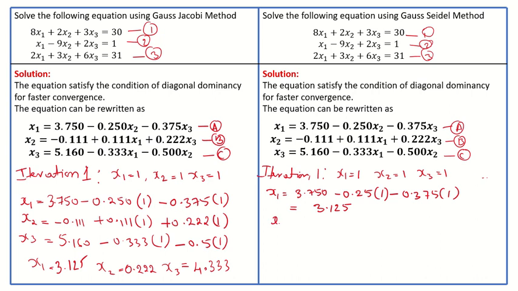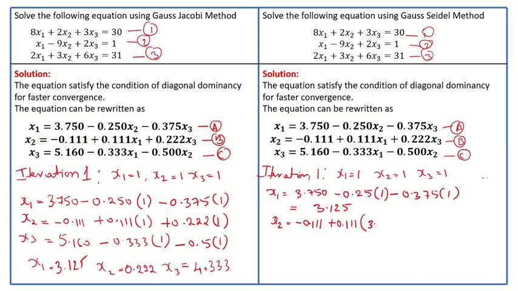Now you listen properly. What is x2 now? X2, you have the equation of x2 here. What is that? Minus 0.111 plus 0.11 x1. Okay, x1. Now if you are doing the Gauss Jacobi method, you will substitute here x1 as 1, but I will not substitute here x1 as 1.